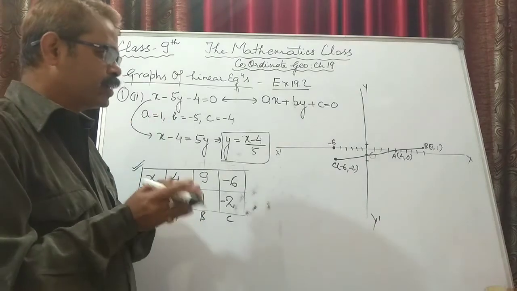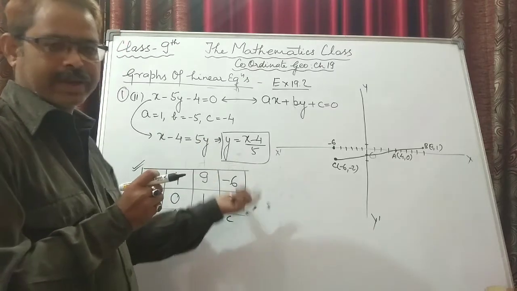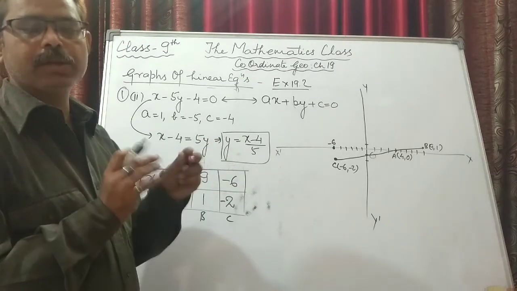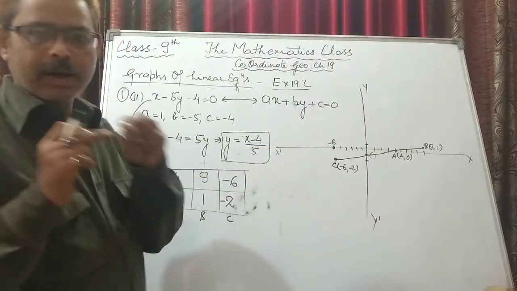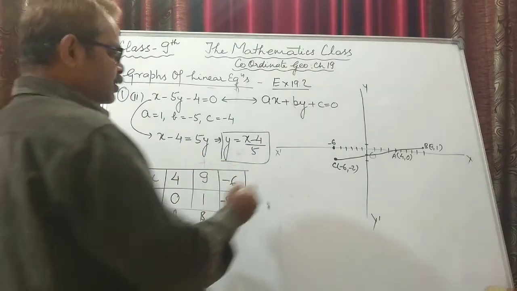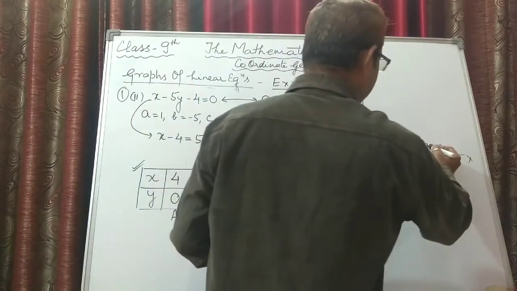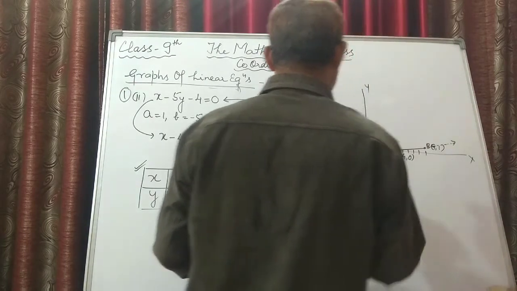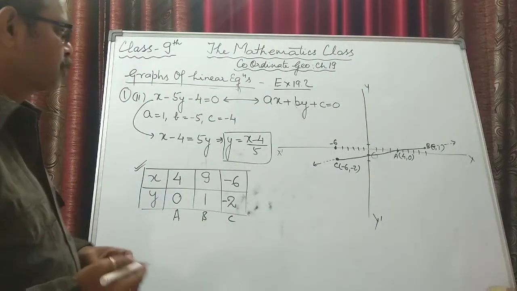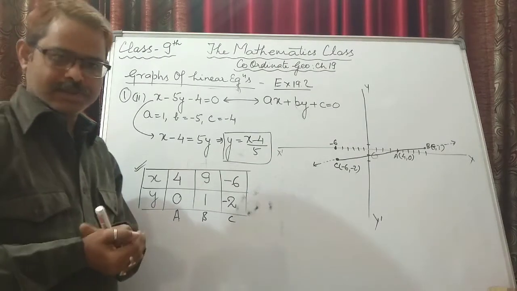When we join these points, we will find that all the 3 points, or more if you want, you can calculate even more points, all come in a straight line. If you want you can extend it by dots. It means that because the line is extendable in both the directions, this is the exact way of how we draw the lines.